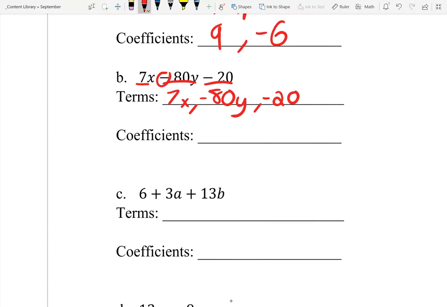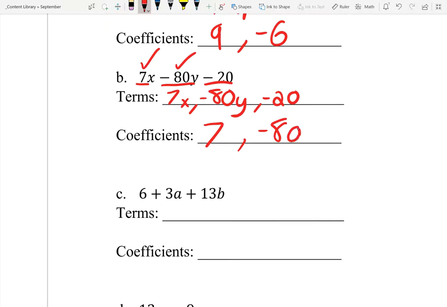Again, since those are minus signs, those minus signs associate with those terms as negatives. But now our coefficients. Coefficients, again, are the numbers that associate with a variable. So 7 is associated with x. 7 is a coefficient. Again, it's not 7x. It's not the whole term. It's just that number. Negative 80 is a number associated with y.